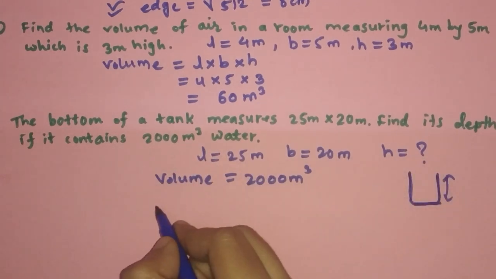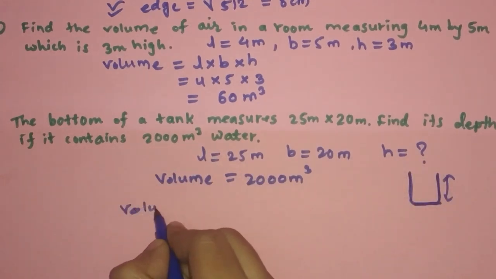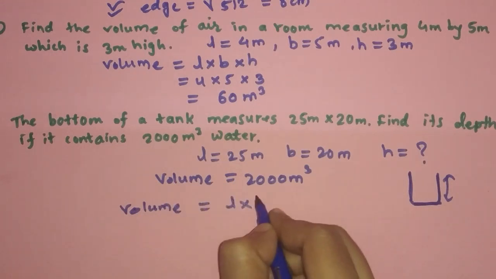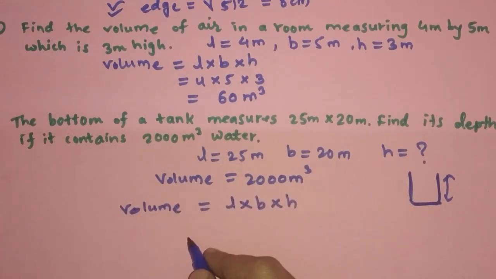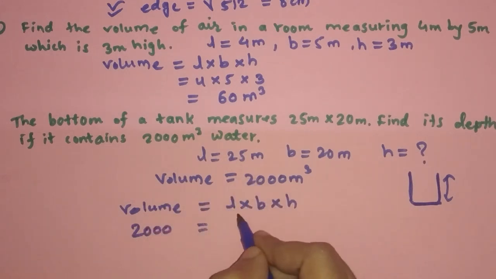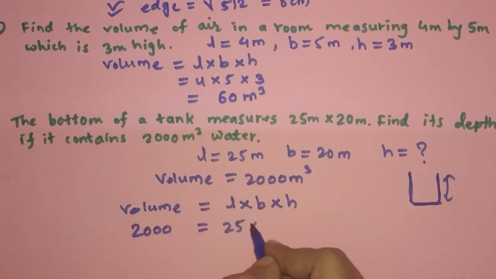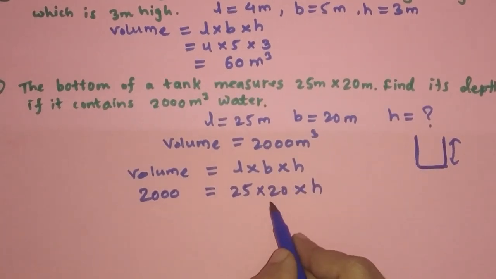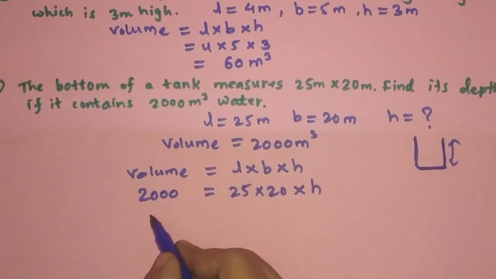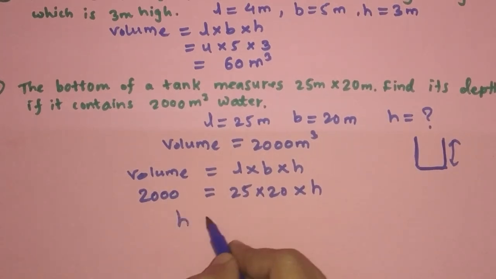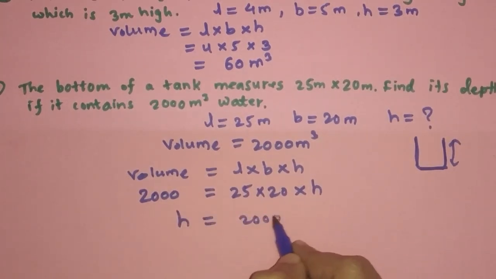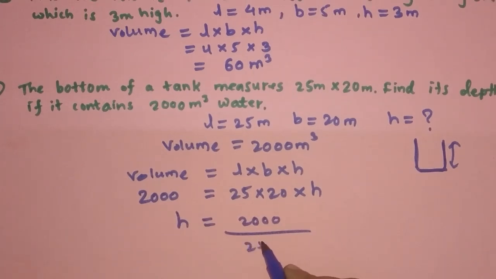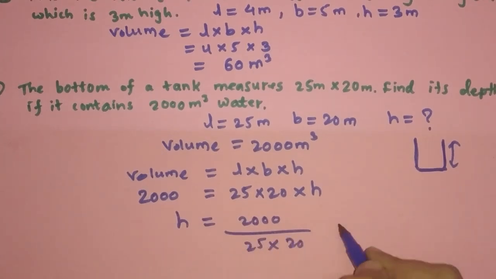We'll find it by writing the first formula. Volume is equal to L multiplied by B multiplied by H. Volume is given already, 2000, keep its value. L is given 25, B is 20, and we'll find the height. So just send these two to the LHS. We'll get height is equal to 2000 divided by 25 multiplied by 20.